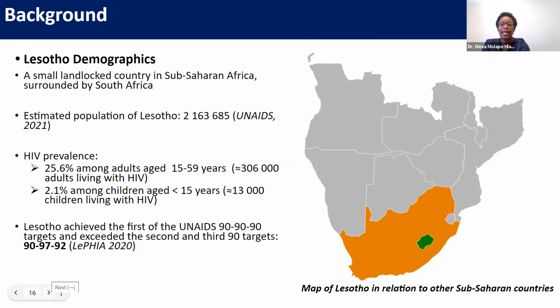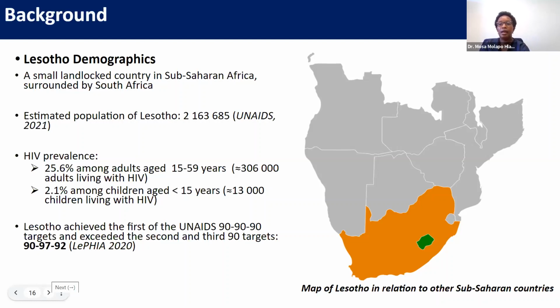Per UNAIDS estimates, this year, estimated population is just over 2,100,000. And per our HIV data, we are amongst the most affected countries in the world, with a prevalence of 25%, and we've been around 25% for a while now. Prevalence among adults aged 15 to 59 years.